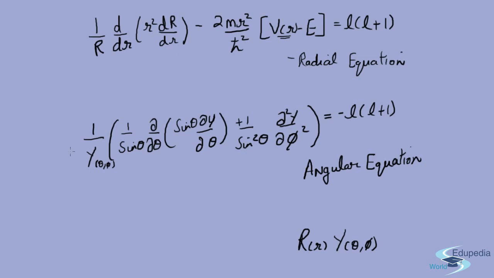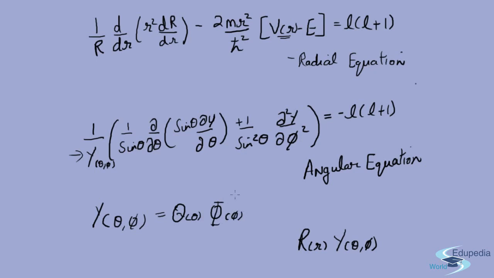But for now, we'll just solve this equation because this equation does not tell us that we need to know V of r, and this equation is the angular equation. And once again, we'll assume separation of variables. We'll simply write Y of theta and phi as a product of two functions, one only dependent on theta and one only dependent on phi.